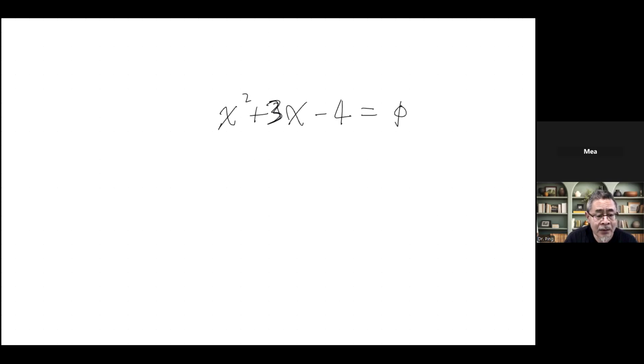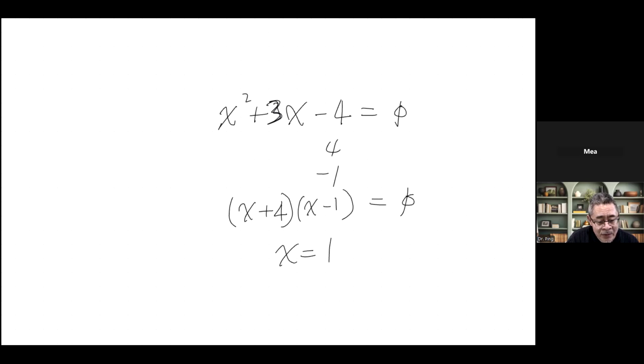Yeah. This one we break down to 4 and -1. So we got x plus 4 times x minus 1 equal to 0. So therefore, we got x equal to 1 and x equal to -4.